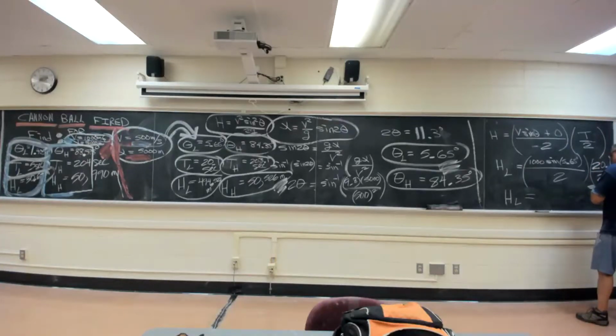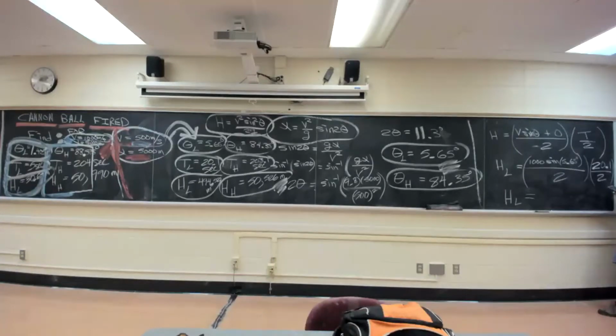1,000 times the sine of 5.65. Get an answer. Divide the answer by 2. Get an answer. Multiply by 20.1. Get an answer.